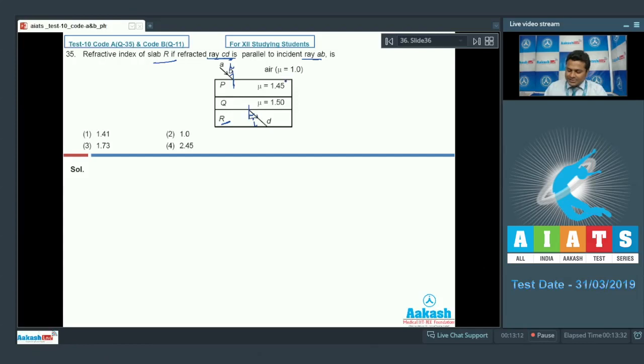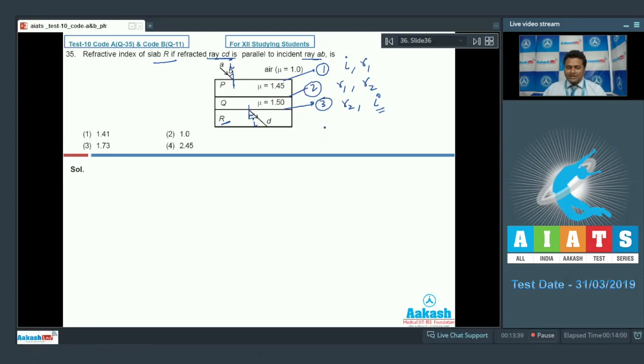Now suppose this is interface number 1, this is interface number 2, and this is interface number 3. For interface number 1, i will be the angle of incidence, r1 will be the angle of refraction. For interface number 2, r1 will be incidence, r2 will be refraction. For interface 3, r2 will be incidence and i will be the angle of refraction. From the diagram it is very much clear.